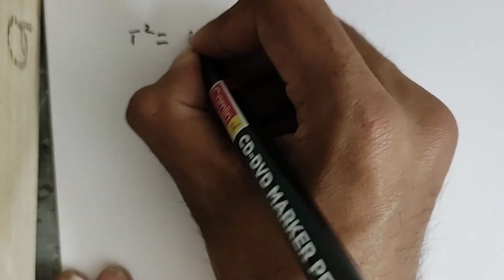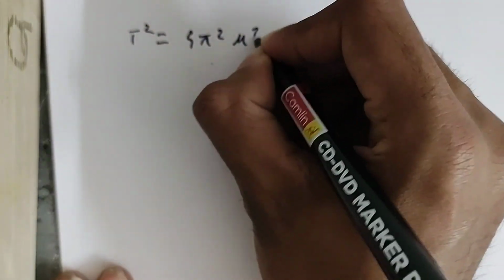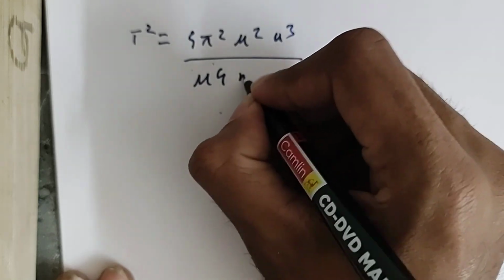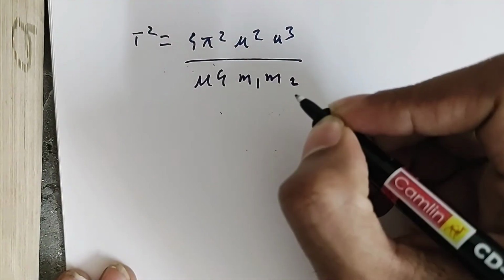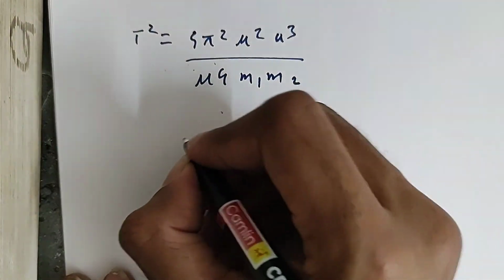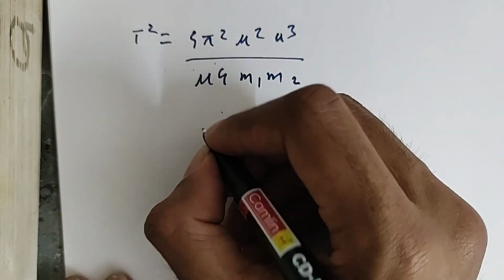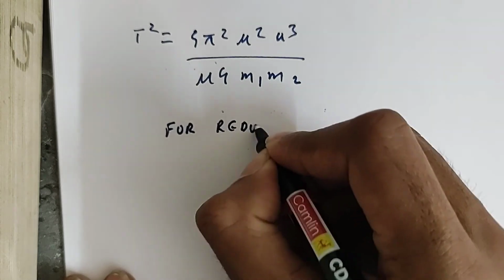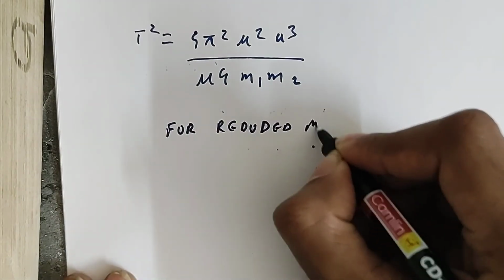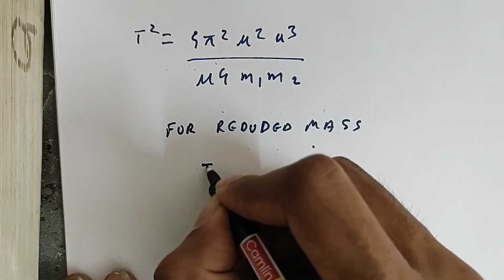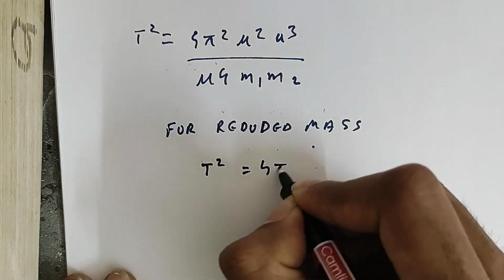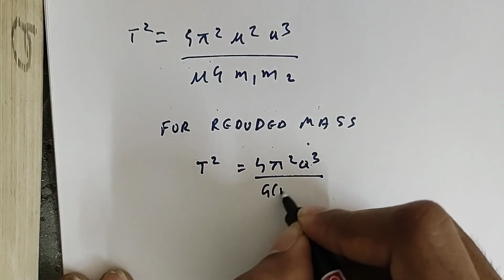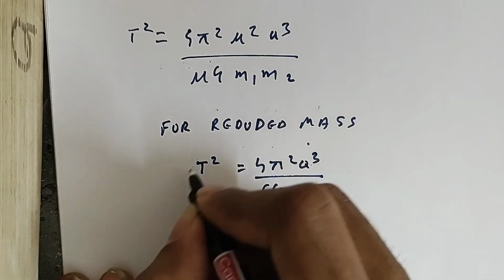Thus, by simplifying, I get 4 pi square mu square a cube upon mu G m1 m2. Thus, in the case of reduced mass, which is the case here, my T square is equal to 4 pi square a cube upon G times m1 plus m2.